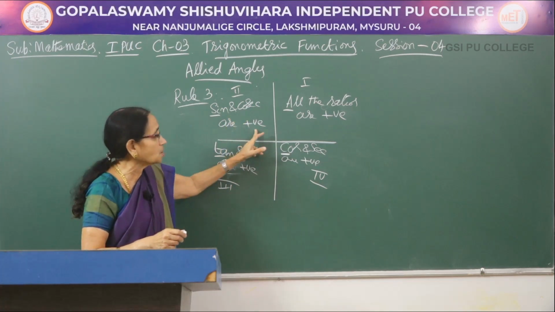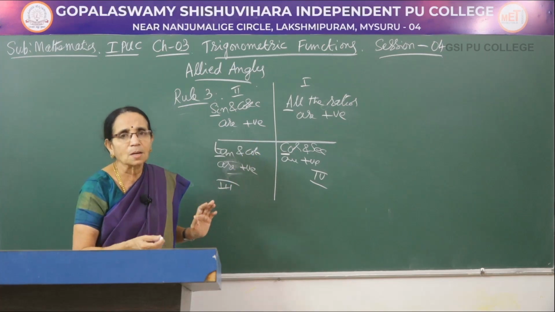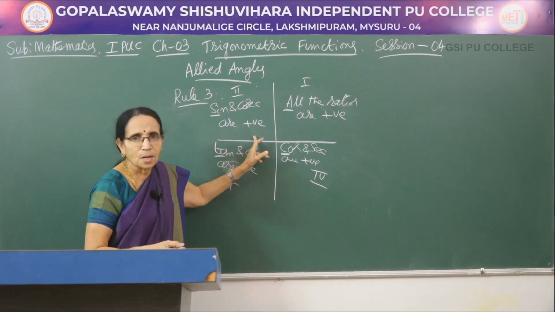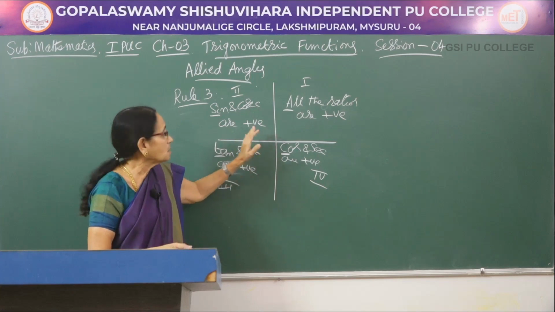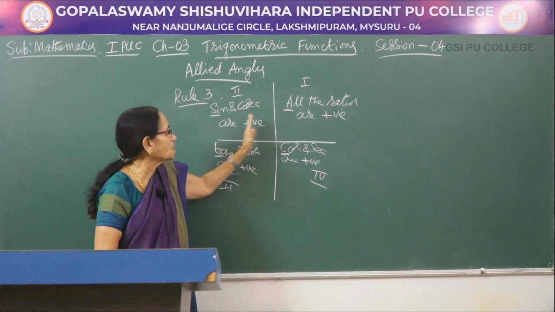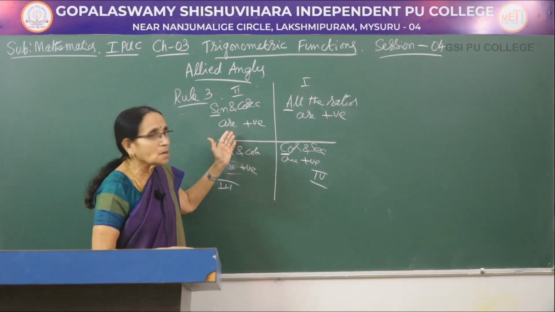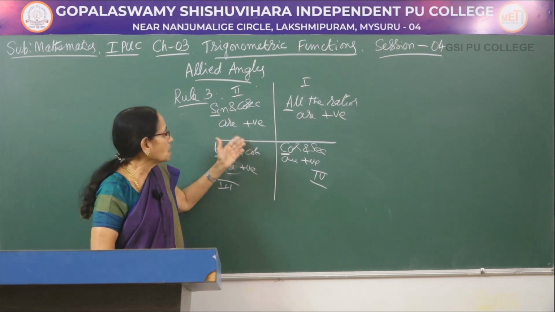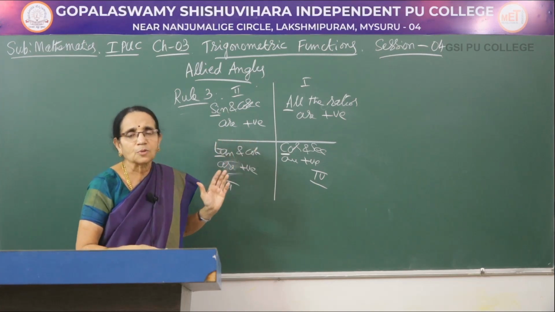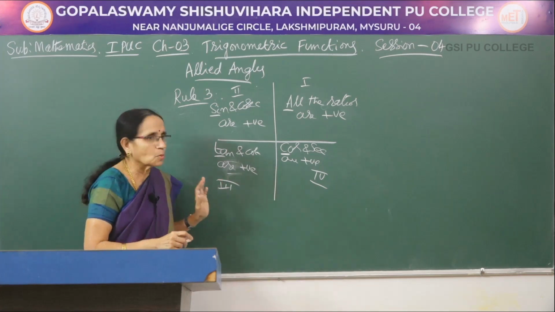Only those positive ratios I have written here. The remaining are cos, secant, tan and cot. So, any angle in this quadrant, more than 90 and less than 180, if you take say tan of 135 or cos of 150, all of them will have the minus sign.